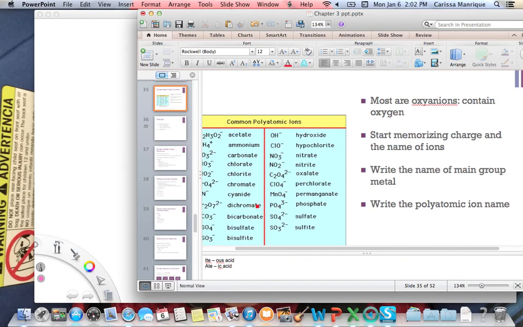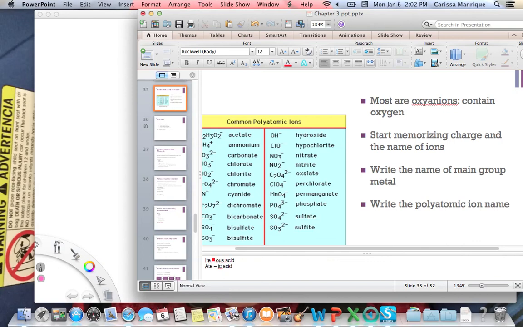So basically everywhere it says ate, you're going to erase that and put ic acid at the end. Okay? So a perchlorate will become a perchloric acid. Nitrate is nitric acid. Sulfate is sulfic acid, or it really would become sulfuric acid.